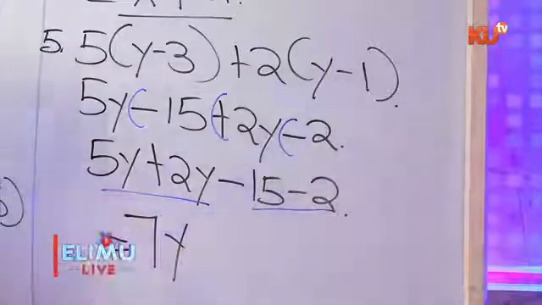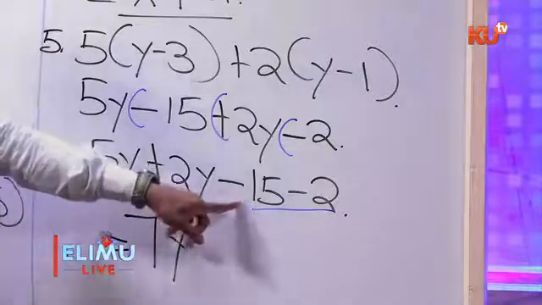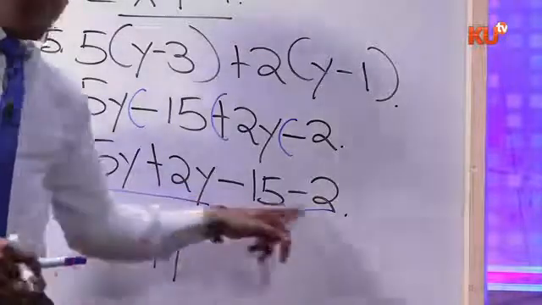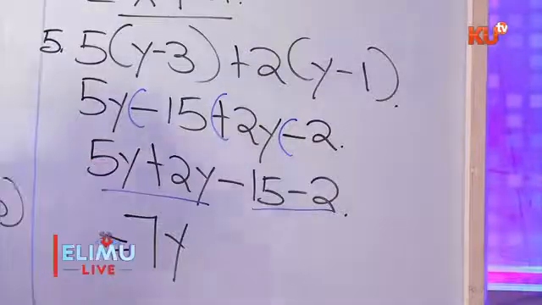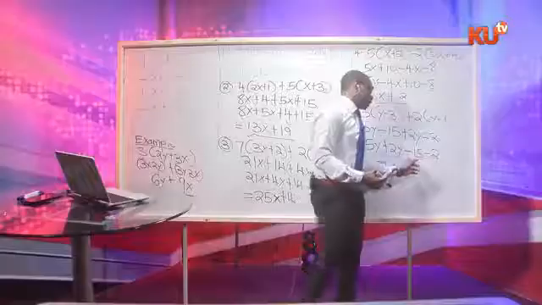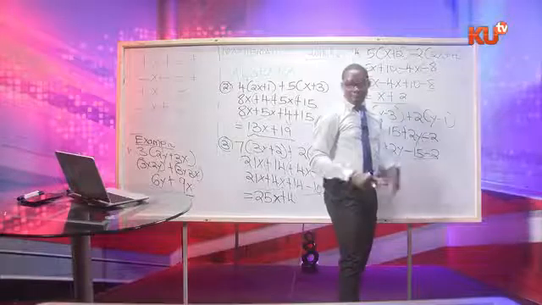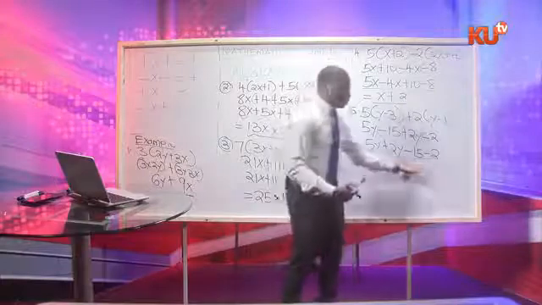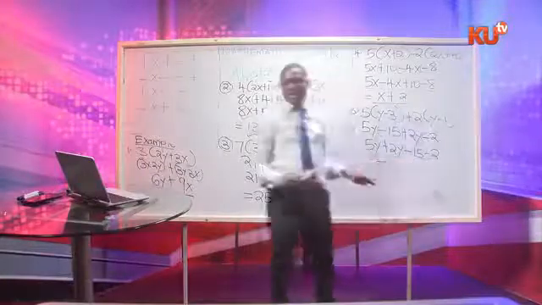Then I want you to pay attention here. We have minus 15 minus 2. What is the possible answer to this question? You take this question here as if they are negatives.